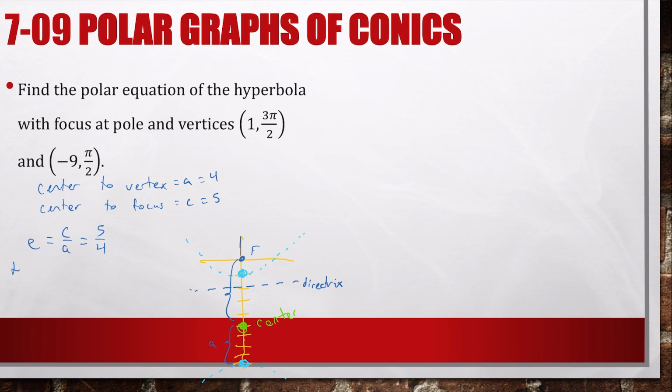Therefore, it is a horizontal directrix, which means it's sine, and it is below the pole, which means it's negative. So we have r equals EP over 1 minus E sine theta. Well, we know that E is 5/4.